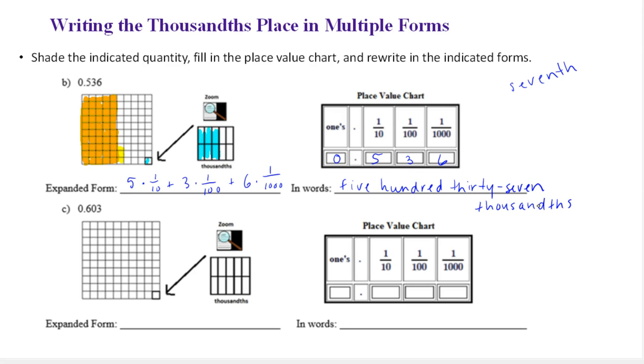Okay. And now our last one. Here we have 6/10. So that's going to be 1, 2, 3, 4, 5, 6. So 6 orange strips. Now we don't have any complete hundredths all by themselves, so we're not going to use any yellow, and then 3 thousandths.